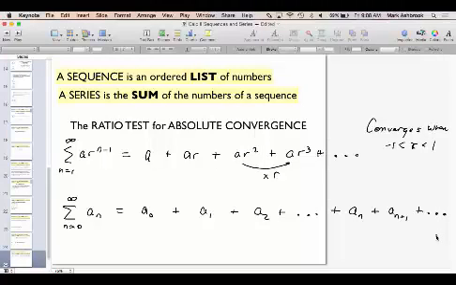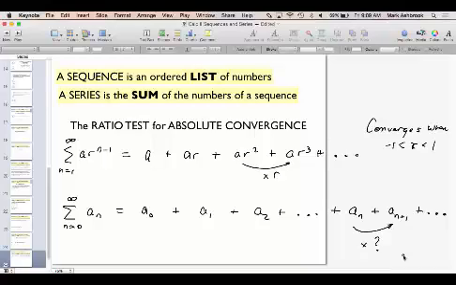Okay, so take any pair of adjacent terms, like this represents any pair of adjacent terms, an and an plus 1. What would you have to multiply an by to get an plus 1? This could be any sequence. It doesn't have to be geometric.